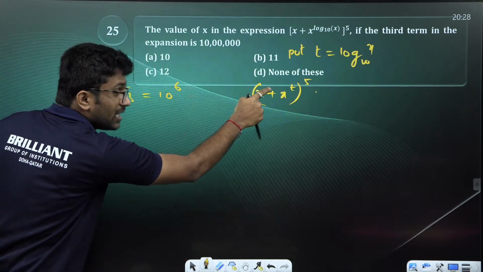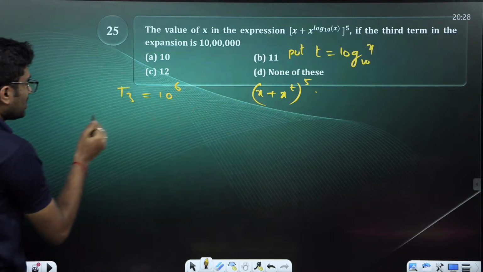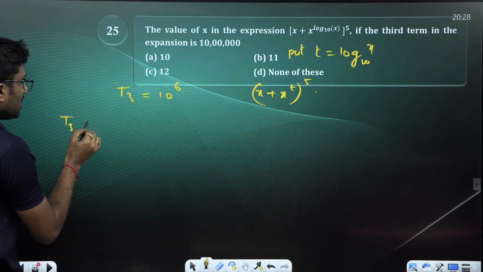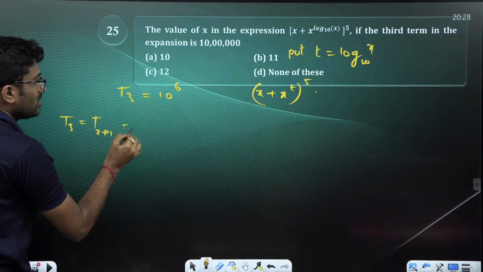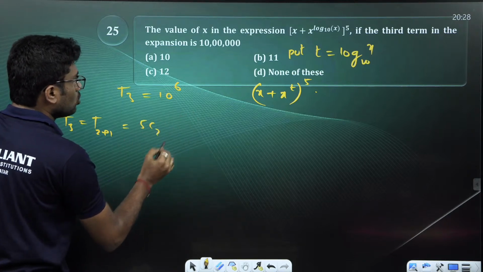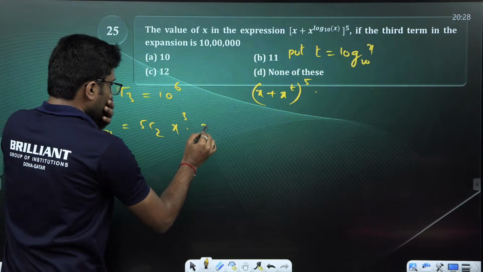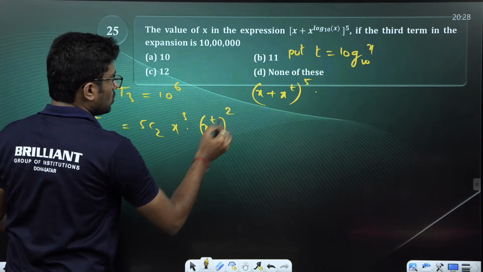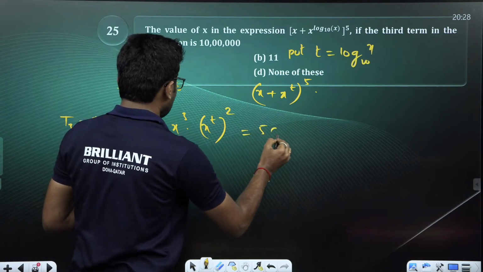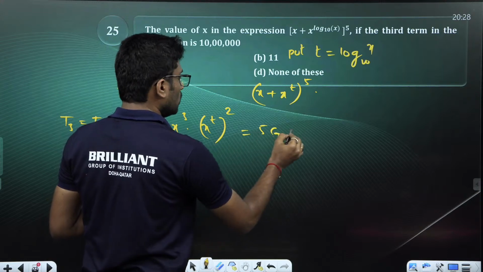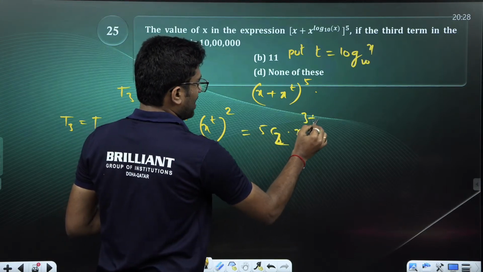Now what is T3 in this particular expansion? T3 is nothing but T of 2 plus 1, equals 5C2 times x power 5 minus 2, 3, into x power t whole raised to 2. So this becomes 5C2 into x raised to 3 plus 2t.